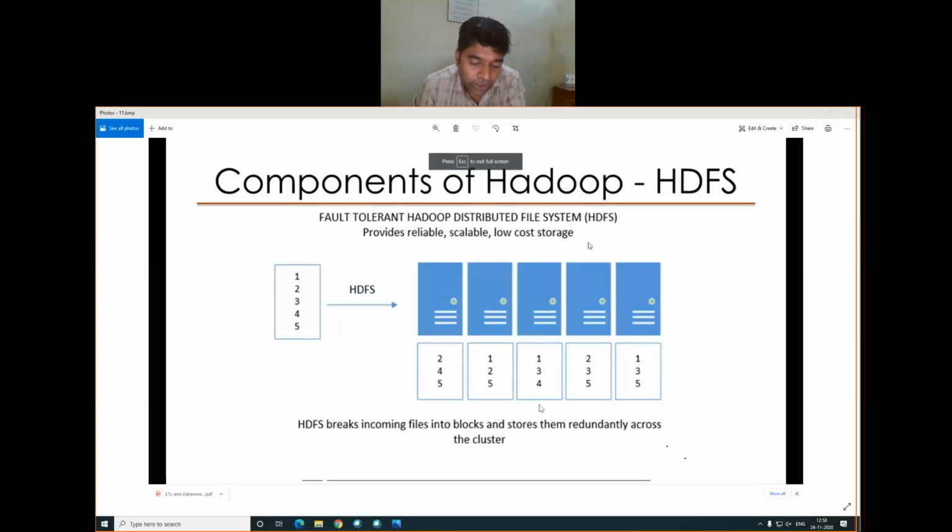So, talking about HDFS architecture, data is organized into files. Suppose on the left side we have data, and this data is organized into files and directories.